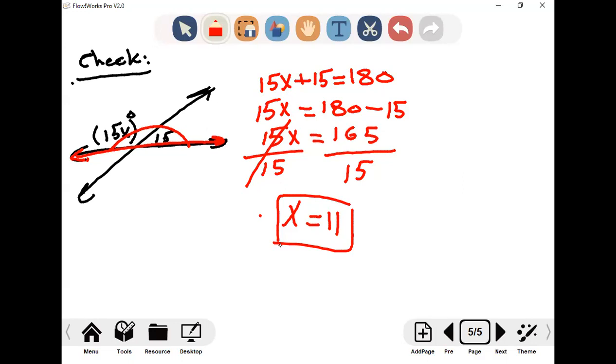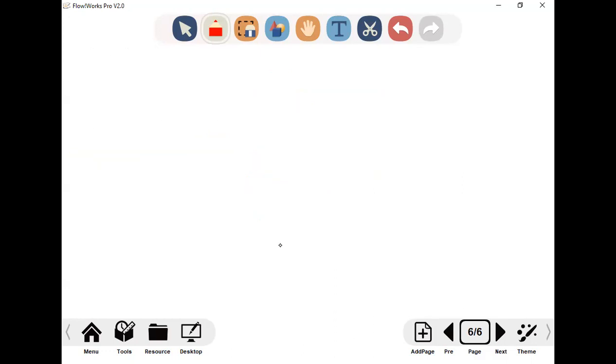The check, page 400. Okay, we are on the check, page 400. Focus.